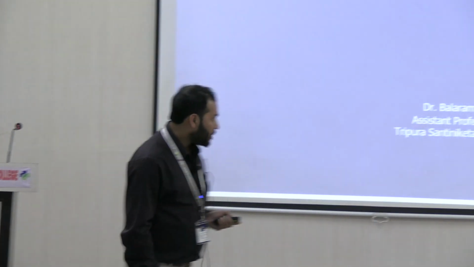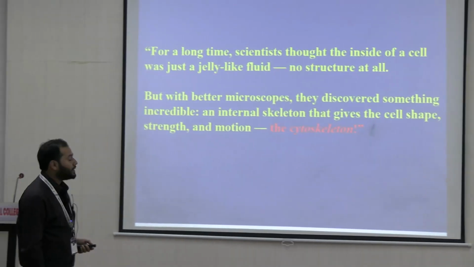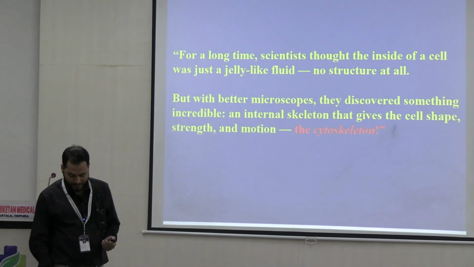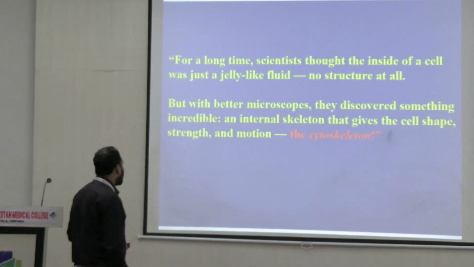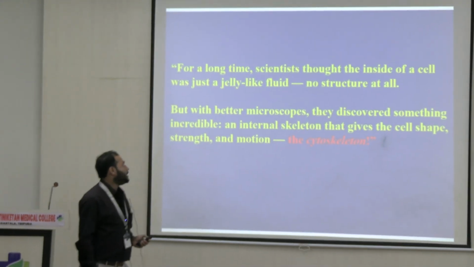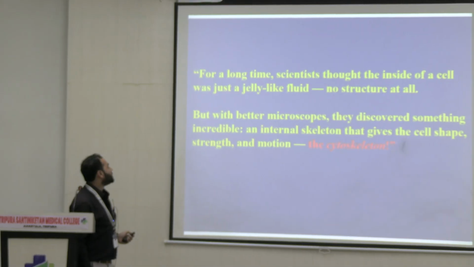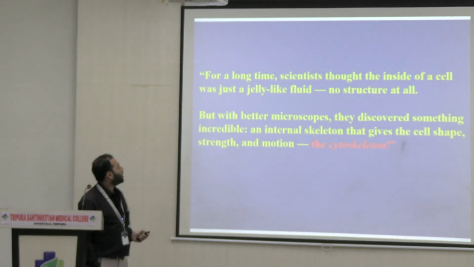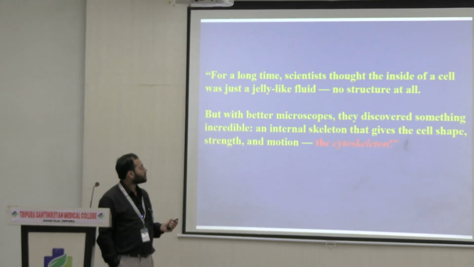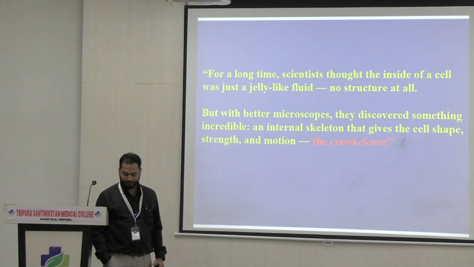So let me start with a quote about the discovery. For a long time, scientists thought that the inside of a cell was just a jelly-like fluid, no structure at all.